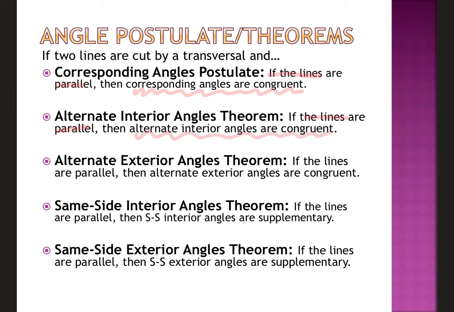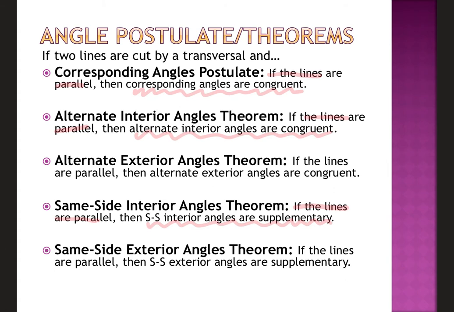Or, as we get further down the list, if the lines are parallel, then the angles are supplementary. The point I'm trying to make is that in all of these postulates and theorems, you start with parallel lines, and then you go to your angle facts.